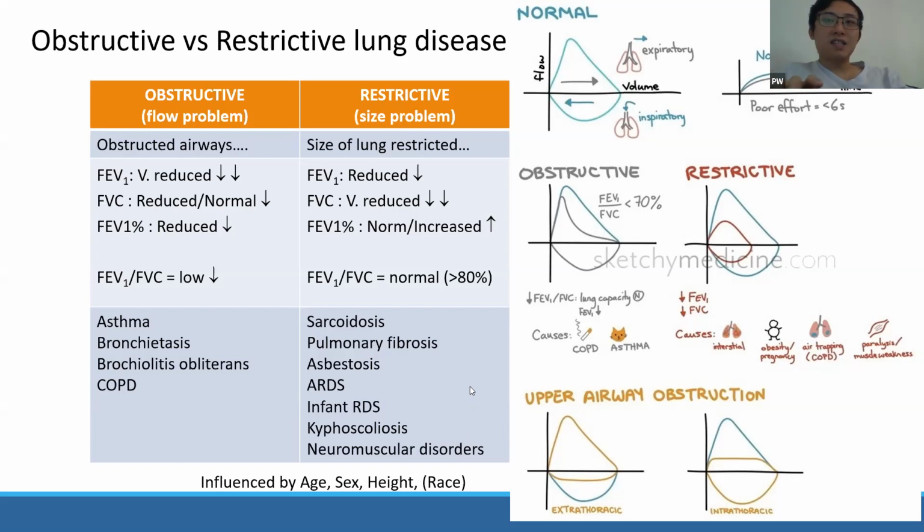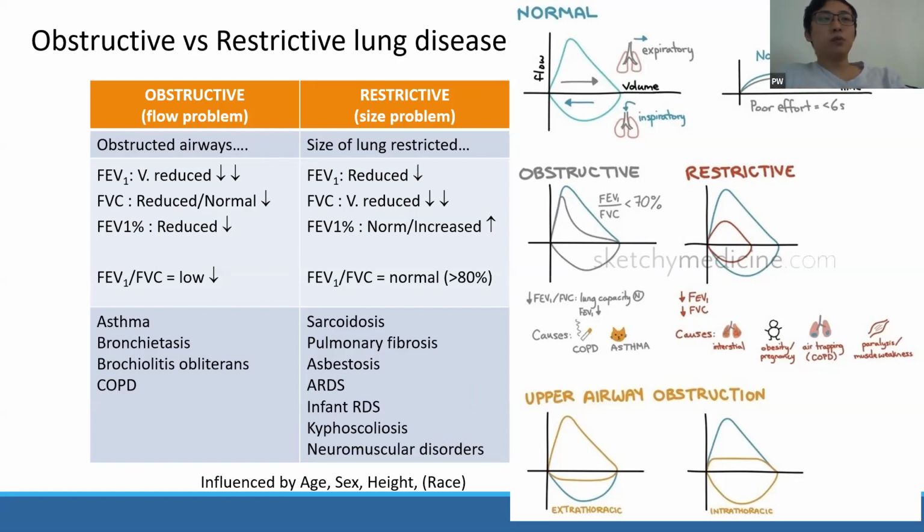Now, the diseases are classified into obstructive and restrictive lung diseases mainly due to their pathophysiology. The way I found easiest to think about this was that obstructive diseases were diseases with flow problems in your windpipe, your trachea, your bronchioles.